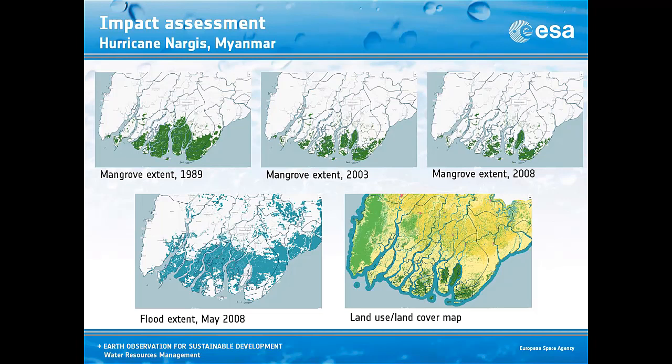But we can also show that other factors were important, including large-scale agricultural expansion into natural habitats lying within a wave-exposed delta.